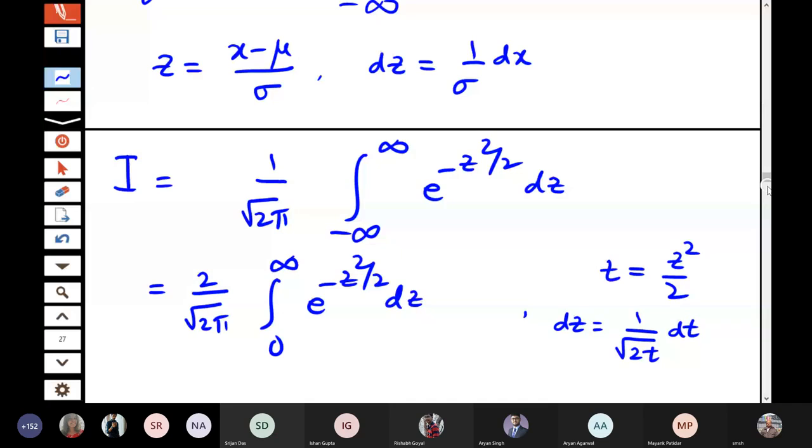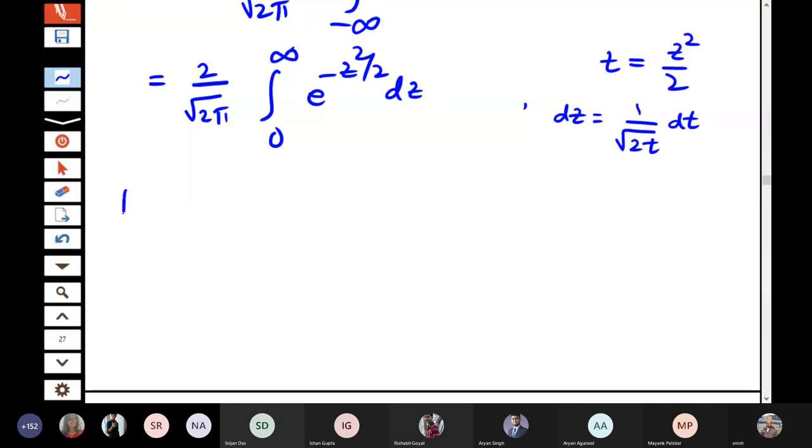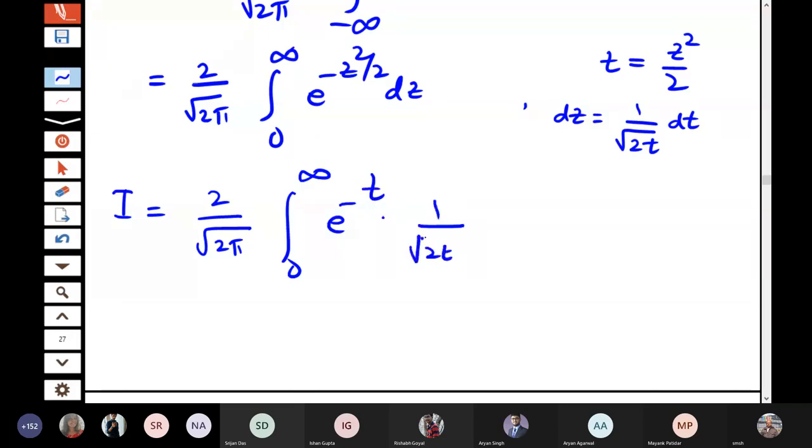So then this I becomes 2 by root 2 pi, integral 0 to infinity e to the power minus t, 1 by root 2t dt.